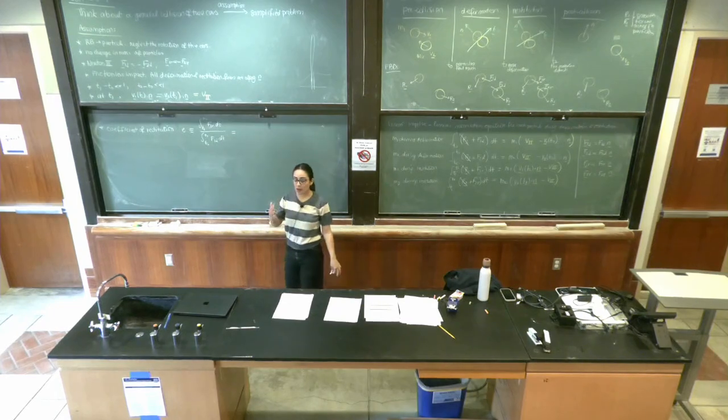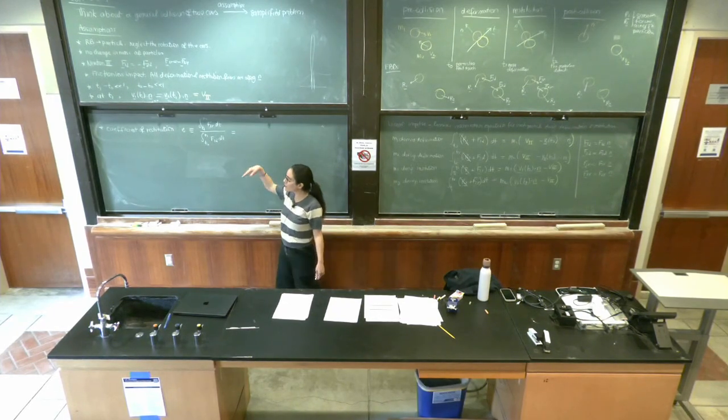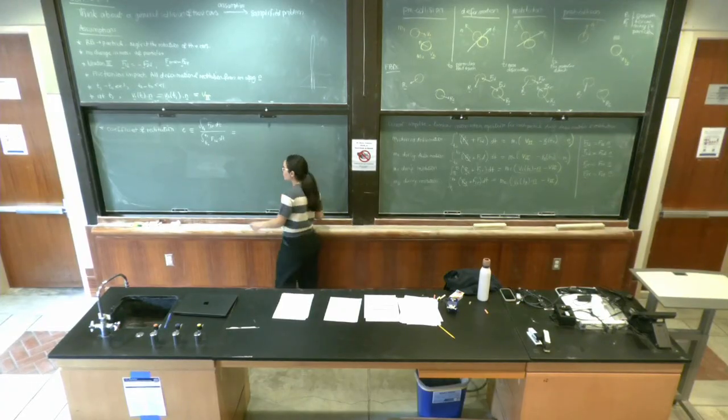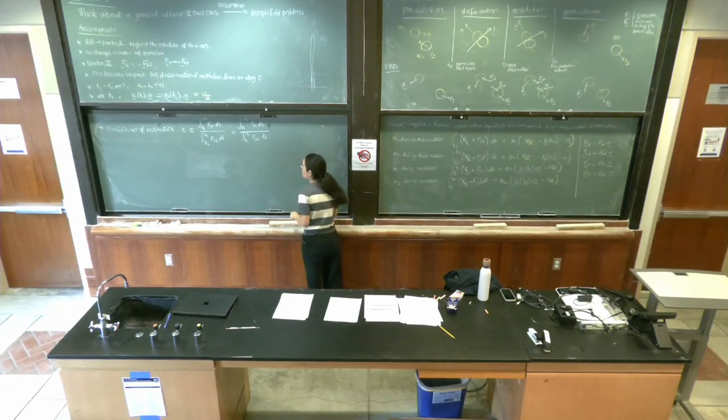Because of Newton's third law, F1r is minus F2r and F1d is minus F2d, so for the second particle it's the same thing. So that's the ratio.